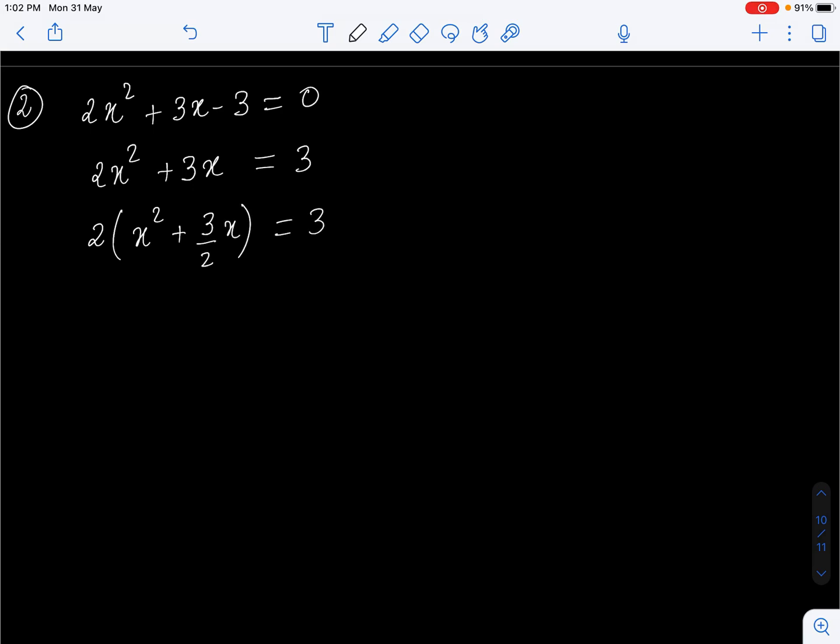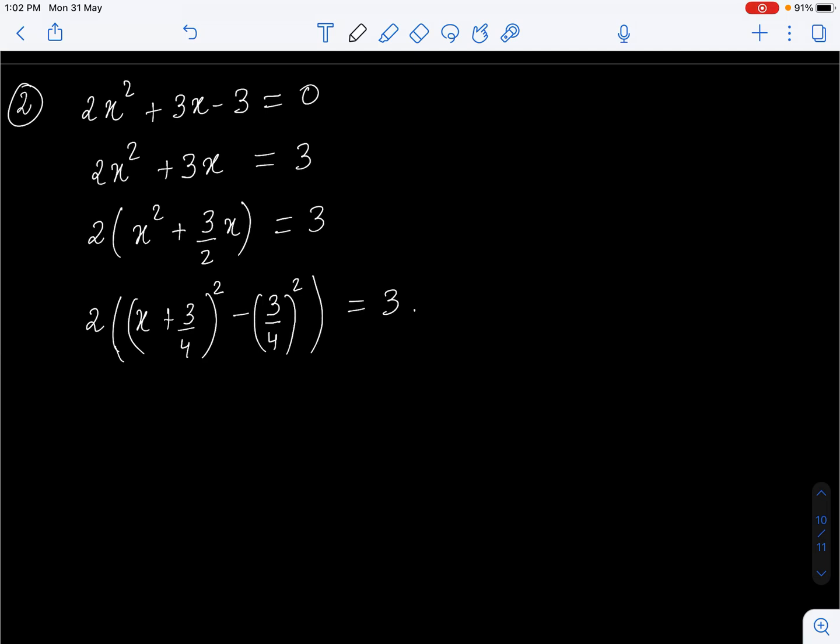So this will be equal to 3, and then the coefficient of x is 3 by 2. Half of that is 3 by 4. So this will be x plus 3 by 4 whole square minus 3 by 4 whole square equals 3. Now after this, you have to simplify this.